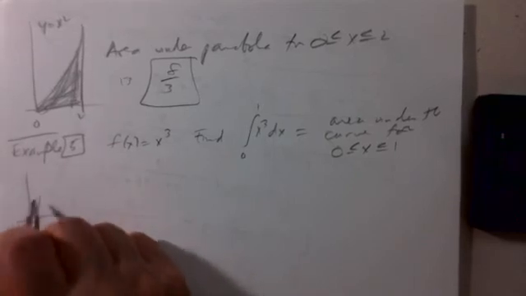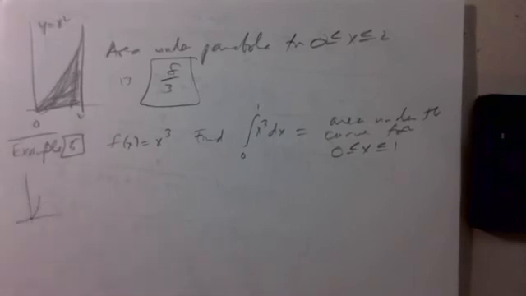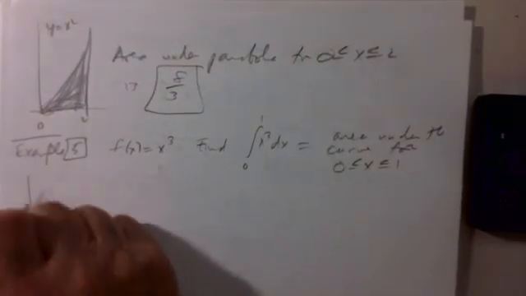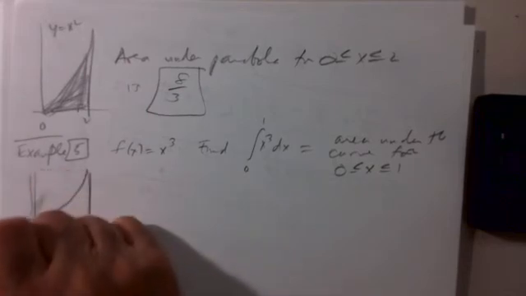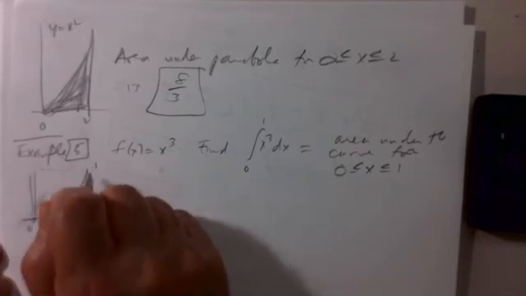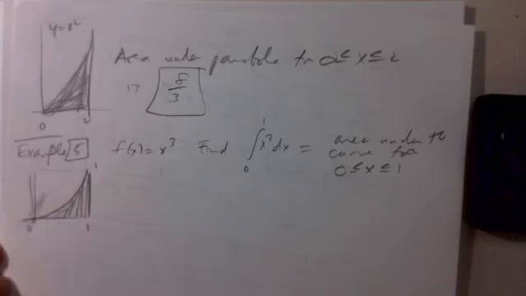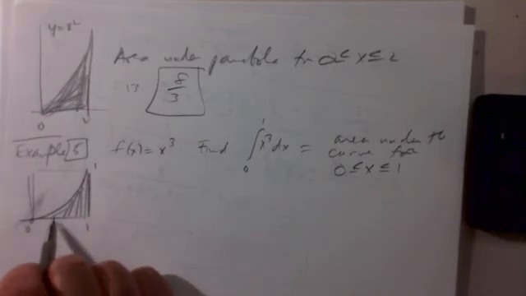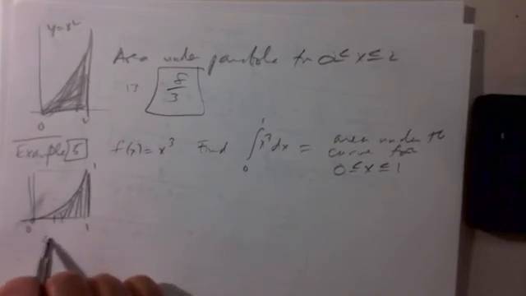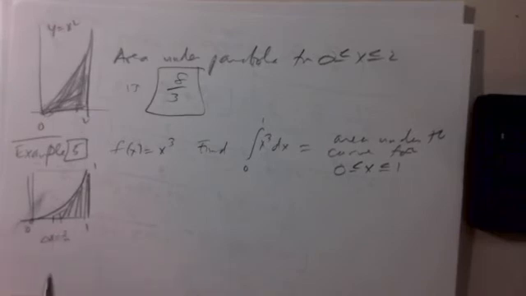So this curve looks like this. y equals x cubed. So if you divide the interval up into n pieces, each piece will have length 1 over n.